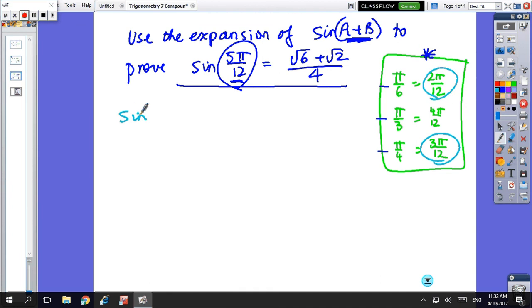So that means that sine of 5 pi on 12 must be the same as sine of pi on 6 plus pi on 4. And then we do our expanding out.